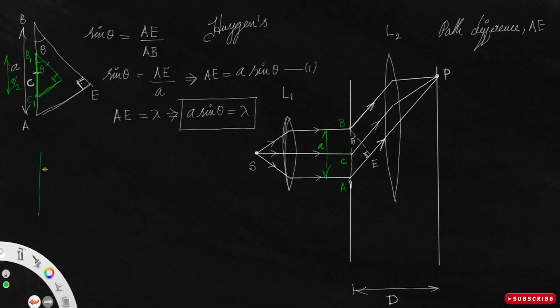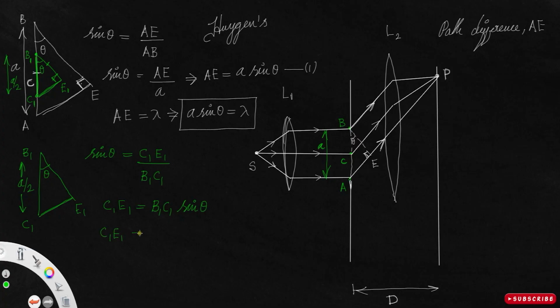So we have another triangle, B1, C1. This one is theta. This length B1C1 is a by 2. Let me take this point as E1. And if I take sine theta here, sine theta is equal to the opposite side C1E1 divided by B1C1. So C1E1 will be B1C1 times sine theta.